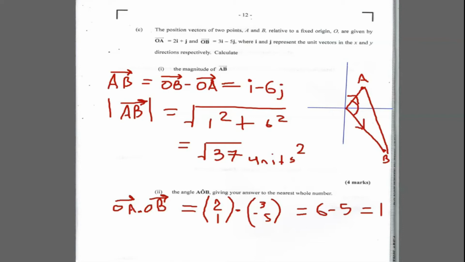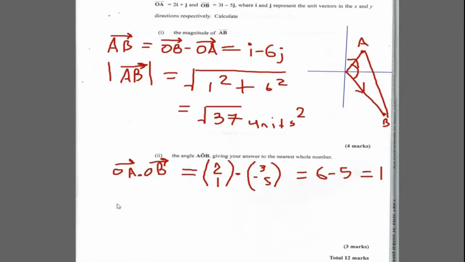Now that we have OA dot OB, what's the next thing that we need? We need the norm of OA. The norm of OA is 2 squared plus 1 squared, square rooted. 2 squared plus 1 squared is 5, so the norm of OA is the square root of 5.